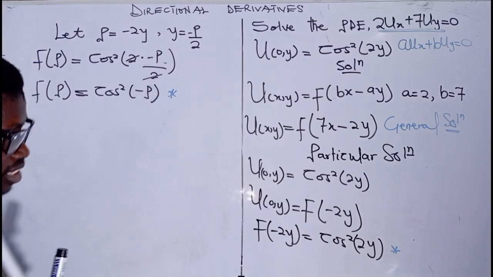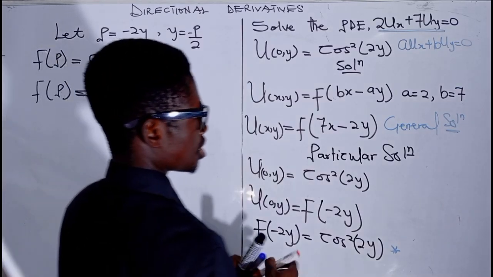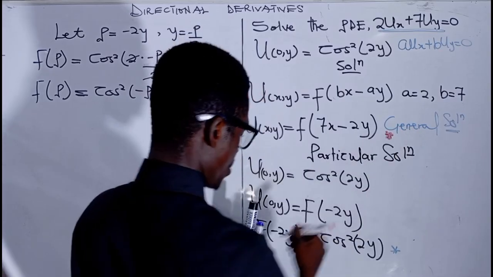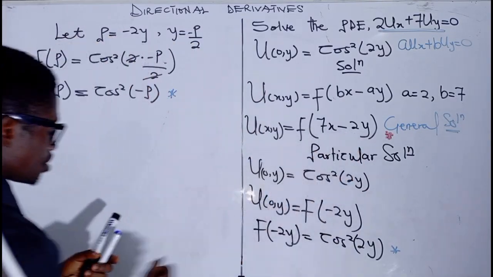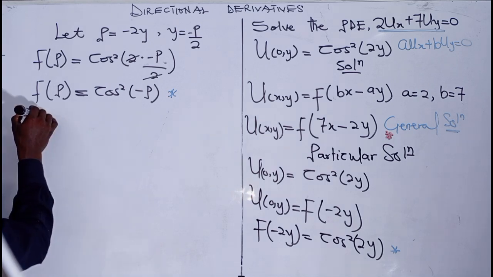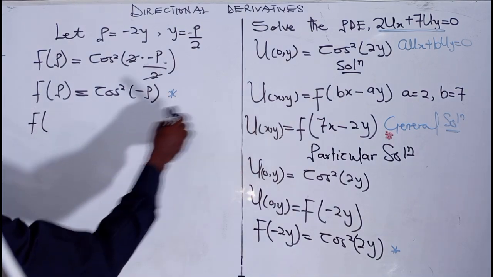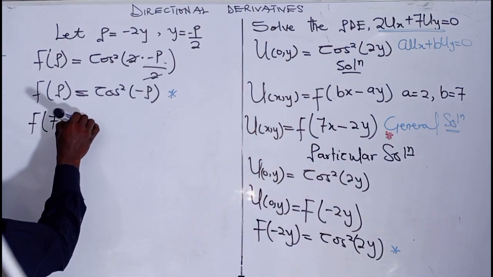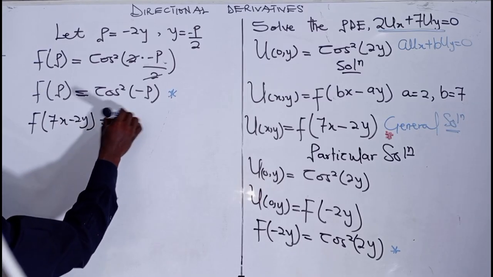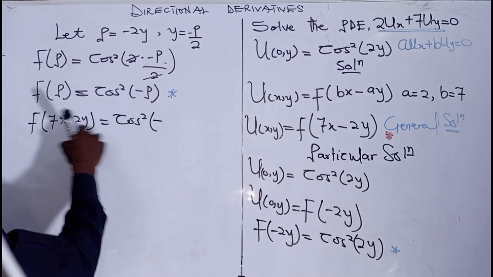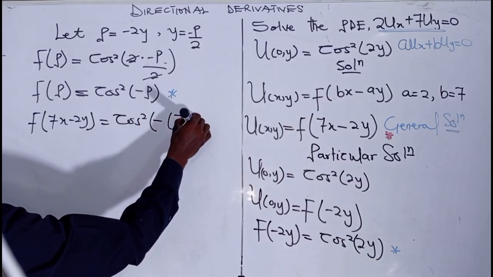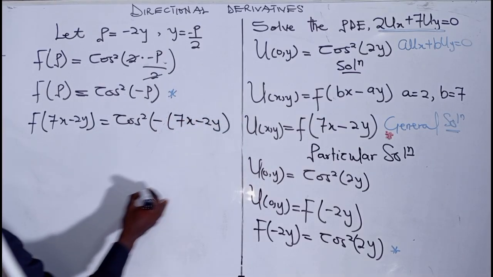Once we reach this point, we go back to the general solution, and then we pick what is in the bracket of the function. So we have this one, we're going to pick this one. So we have our f of 7x minus 2y is equal to cos squared. We have minus here, and this p is 7x minus 2y.